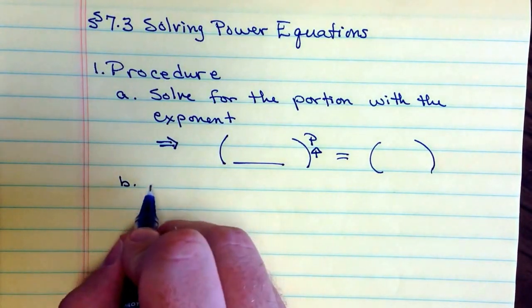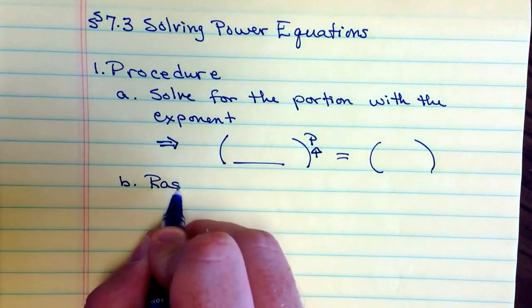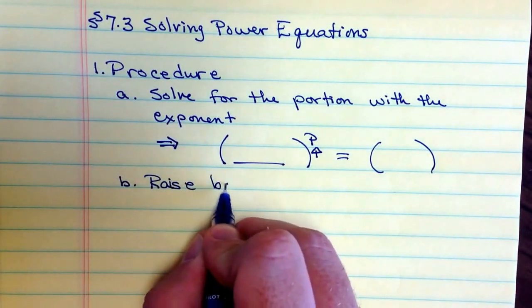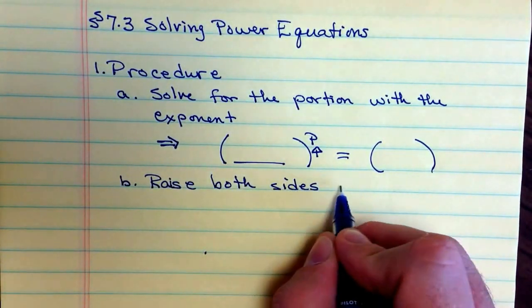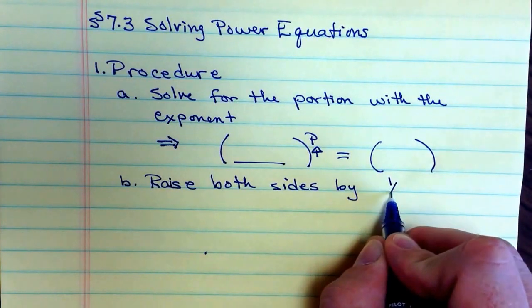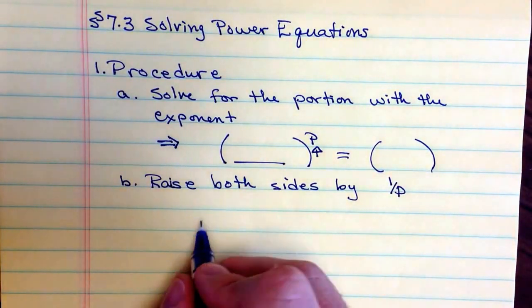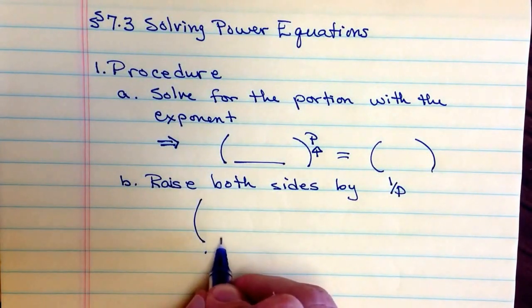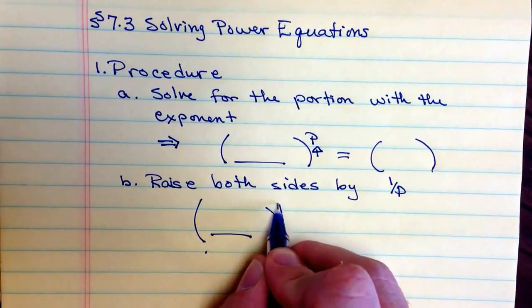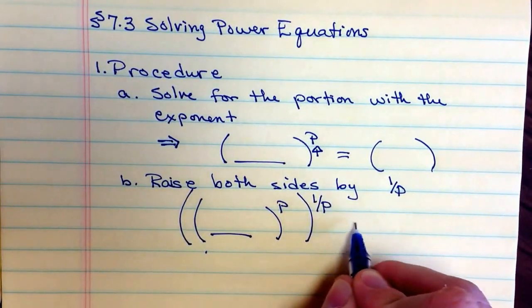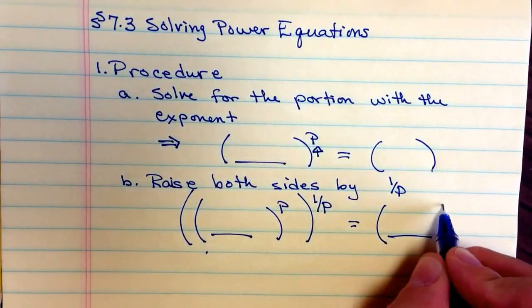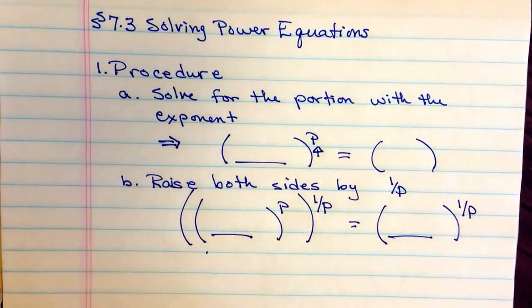So the next thing we're going to do is raise both sides of the equation by 1 over p. So when we do that, we end up with some stuff to the p power, and then we're going to raise it to the 1 over p equals some stuff to the 1 over p power.